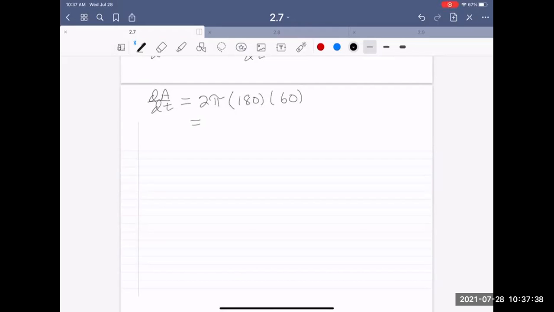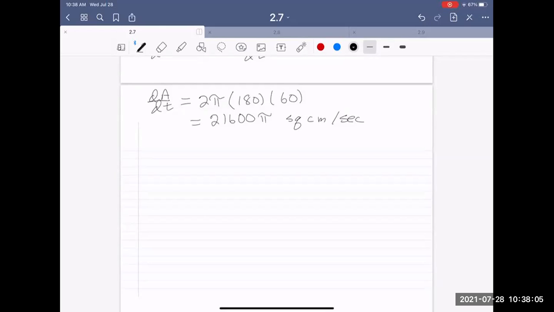And so that's going to equal 21,600 pi square centimeters per second. So that's the rate at which this circle is increasing.